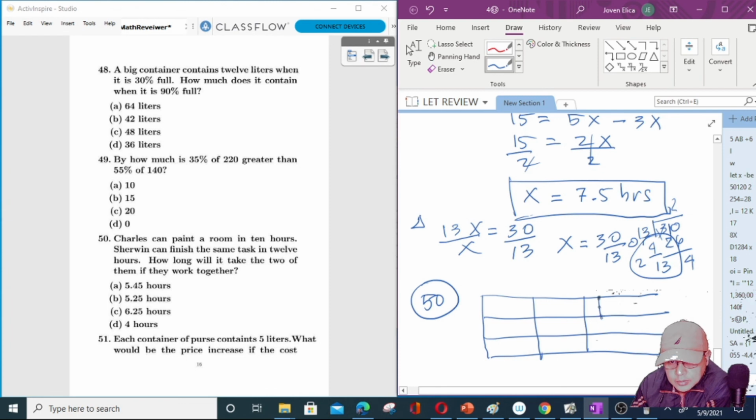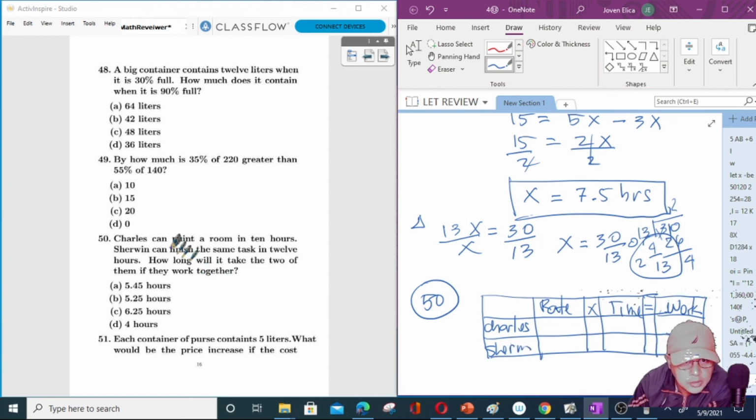The rate multiplied by time is equal to work. This is the rate, this is the time, and this is the work. The ones involved here are Charles and Sherwin.